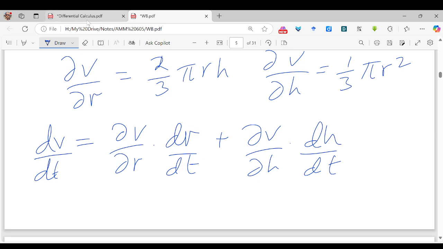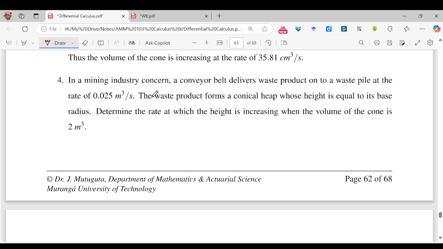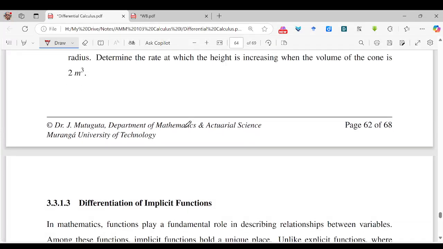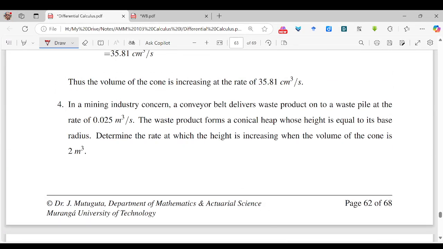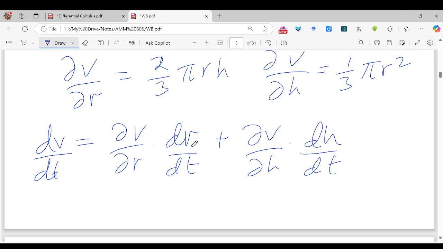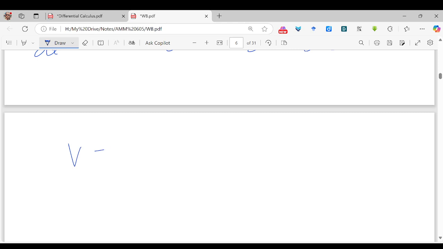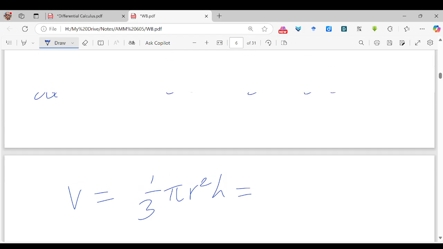Now, there is some additional information here that the waste product forms a conical heap whose height is equal to its base radius. So h is equal to r in this expression. Meaning that the volume, which we have expressed as 1 over 3 pi r squared h, we can write by substituting r is equal to h.